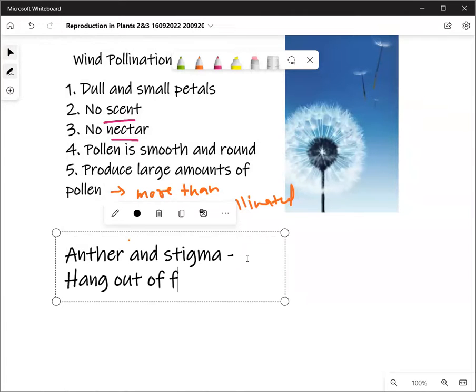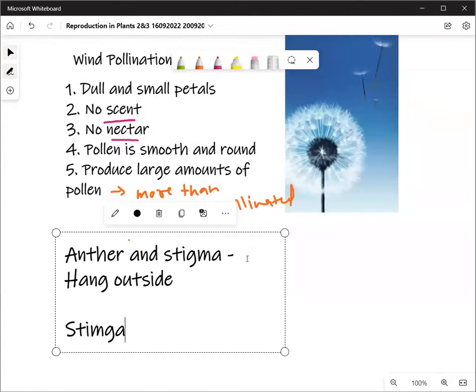And let's say hang outside. Done. Next thing you need to know is stigma is hairy.